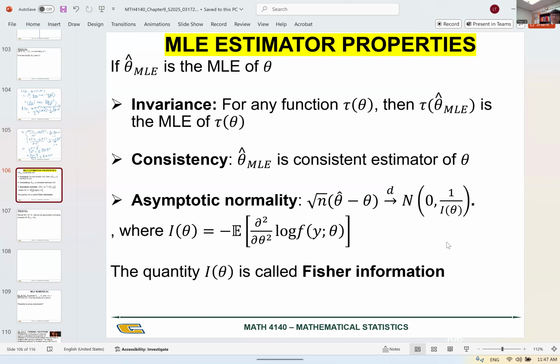Which means if theta hat MLE is the maximum likelihood estimator for theta, and you consider any function of theta, call it tau of theta, then tau of theta hat MLE is also the maximum likelihood estimator for tau of theta. Very nice property. We can refer to the proof in the Casella and Berger book.